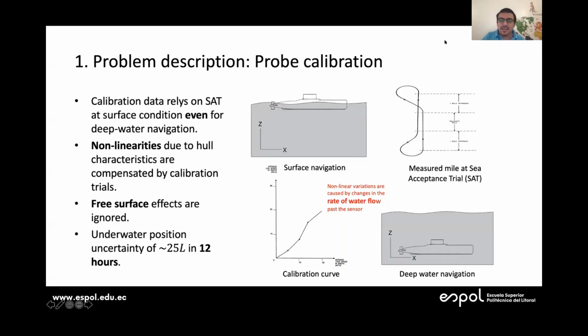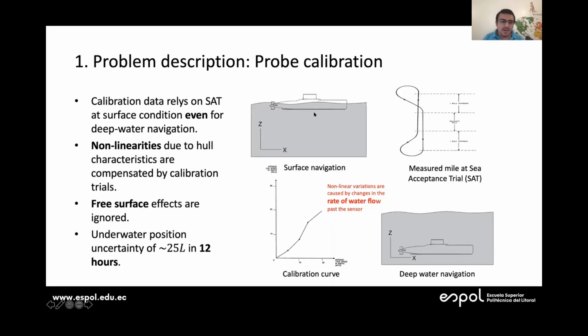But the thing is that these standard sea trials are good for surface vessels, as in when the submarine is operating close to the surface.